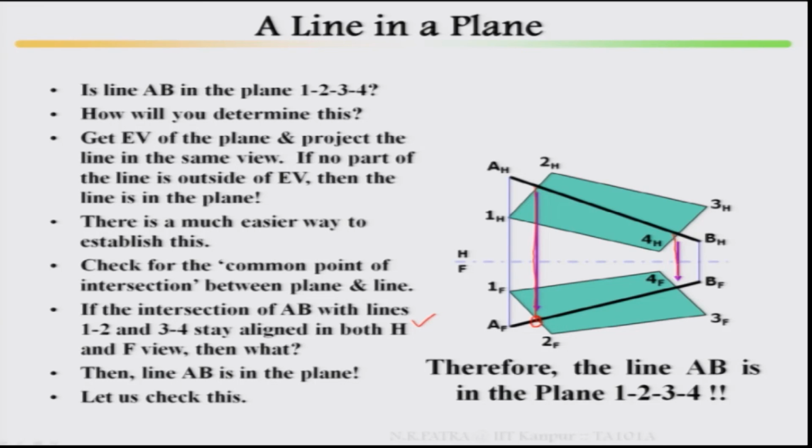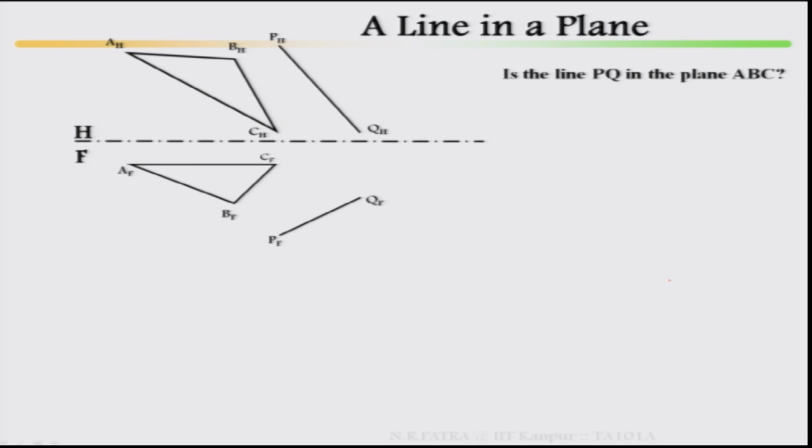Again I draw the projection back, whether it is touching the same point on the line and plane here in the frontal view. So that means line AB is in the plane 1, 2, 3, 4. This is a check.